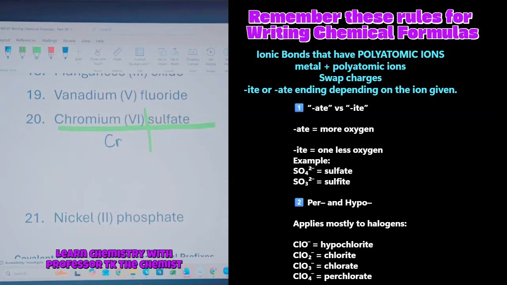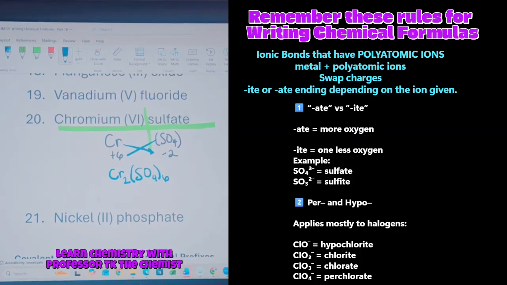So right here, chromium. Now check this out. This one has a charge of +6. Okay. Sulfate, SO4 with a -2 charge. Just like that, they're still going to swap. Chromium is going to take the 2. Sulfate is going to take the 6.